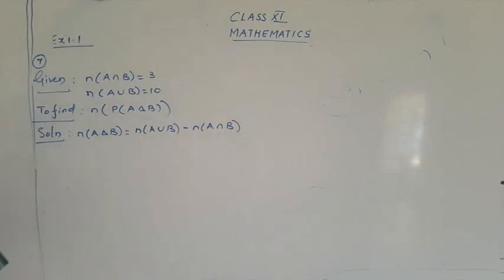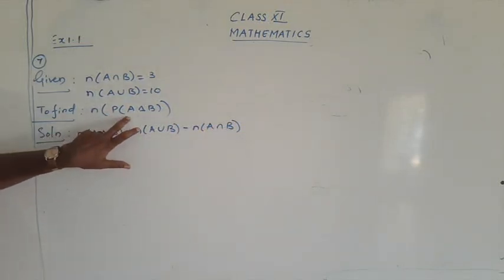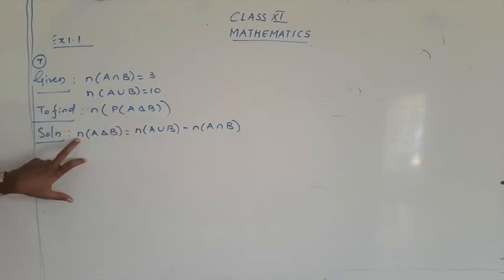Remember this step? It's simple. Here the question is to find n(P(A Δ B)), but now we are just finding n(A Δ B). So n(A Δ B) is equal to n(A ∪ B) minus n(A ∩ B).